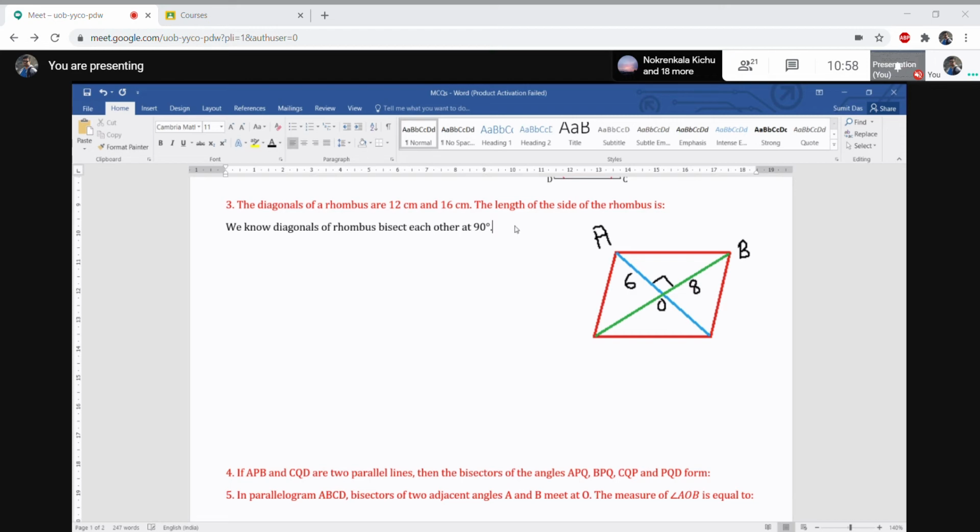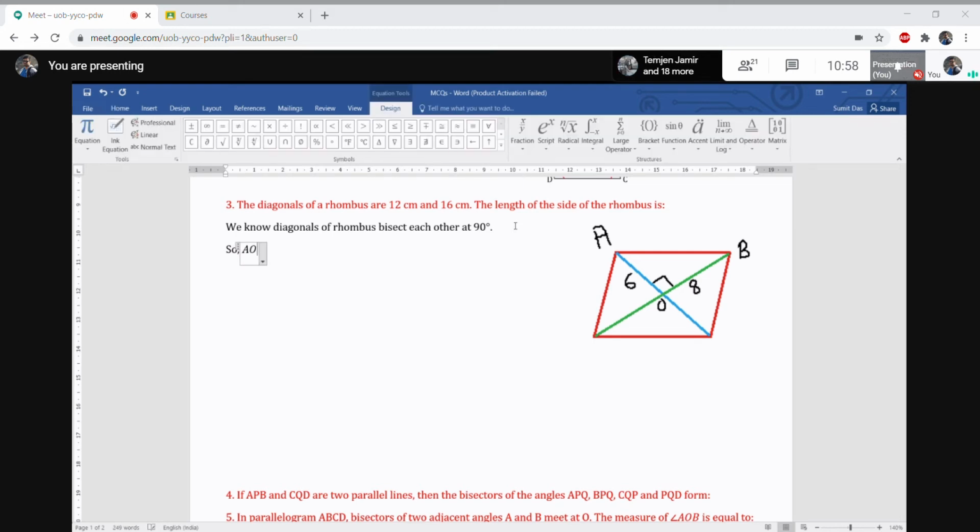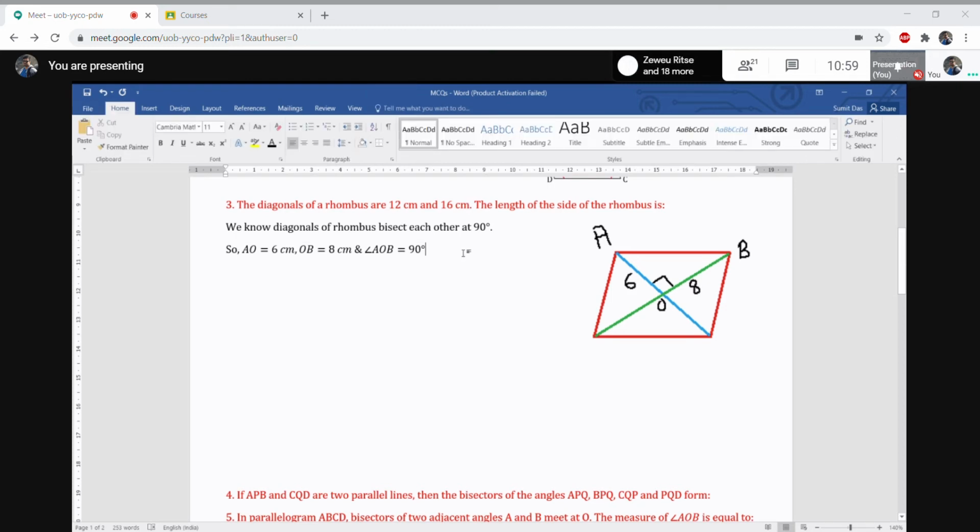So you write AO equal to 6 centimeters and OB equal to 8 centimeters, and angle AOB equal to 90 degrees. So you can understand that AOB is actually a right angle triangle, right?